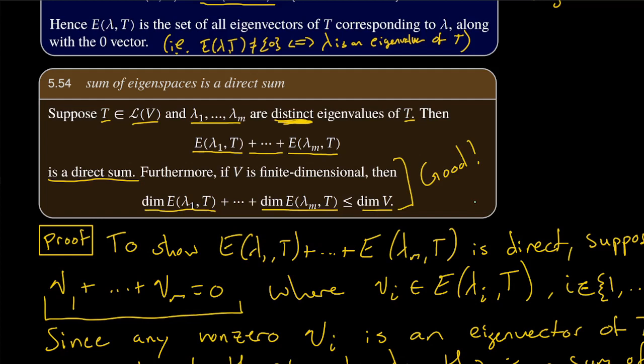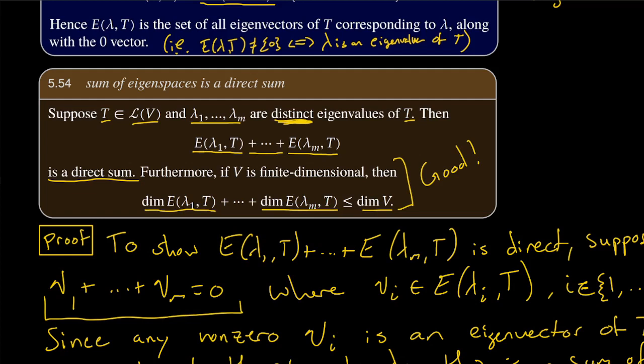This is looking good because it says that if you take distinct eigenvalues, then these invariant subspaces where T acts like multiplication, these guys, sum them together, you don't have too much information. That's the nice way of saying it. There's no big weird overlap. This is a true no overlap breakdown of V into nice little pieces.